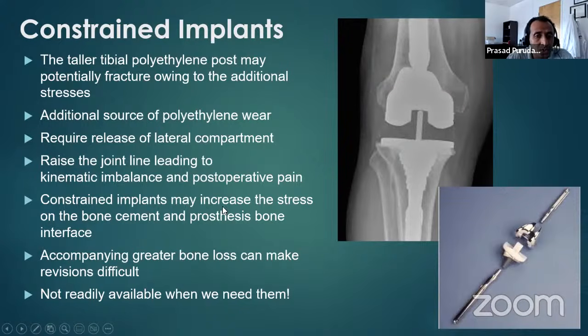Constrained implants can also increase the stress on the bone-cement interface and prosthesis-bone interface, thereby increasing the risk of aseptic failure later, and accompanying greater bone loss can make further revisions difficult. And these are not readily available when we need them, because many hospitals don't carry them on the shelf.